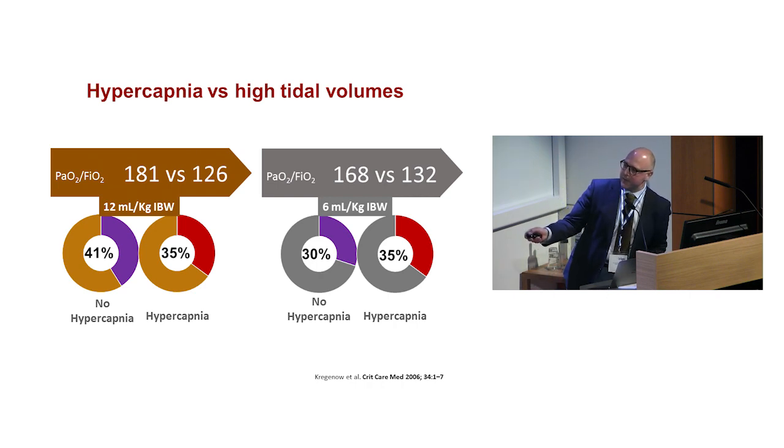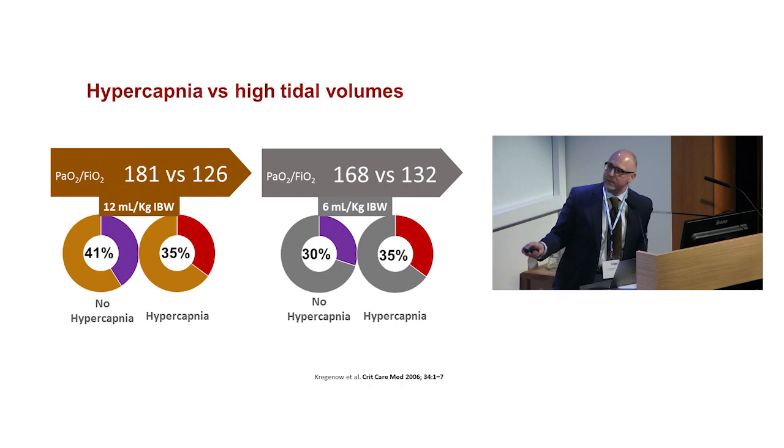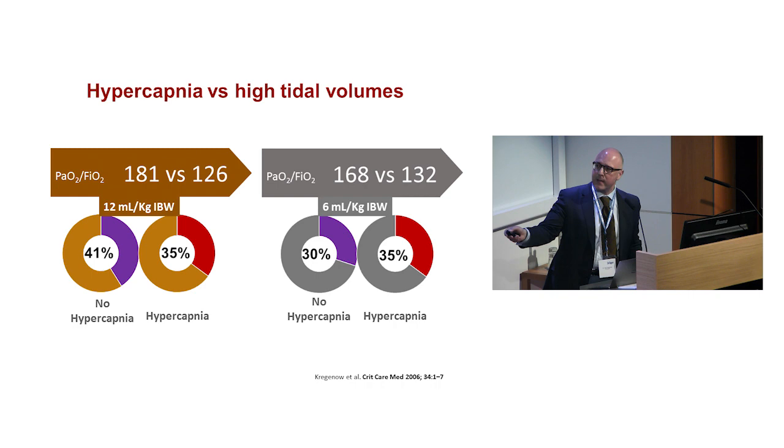And this is a study that was now 10 or 11 years ago. Essentially, when you look at the study that Salvatore has presented earlier on, the 12 versus 6 milliliters per kilo, and you divide patients into hypercapnia and no hypercapnia, you can see that if you ventilate a patient really hard with 12 milliliters per kilogram of ideal body weight, leaving them hypercapnic reduces mortality.